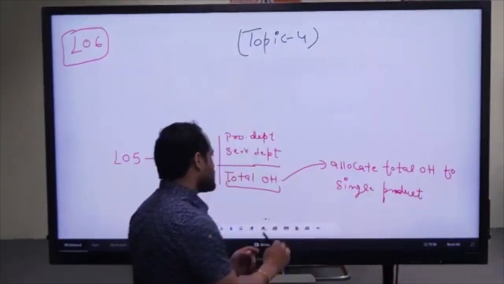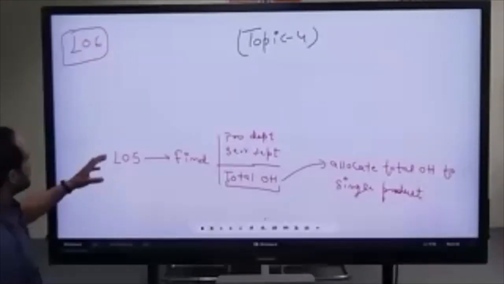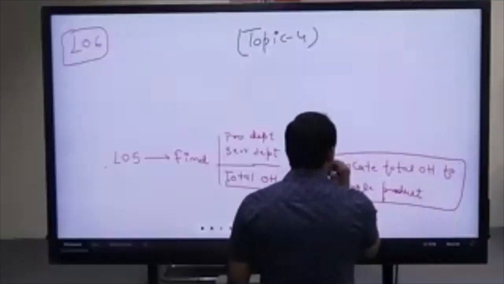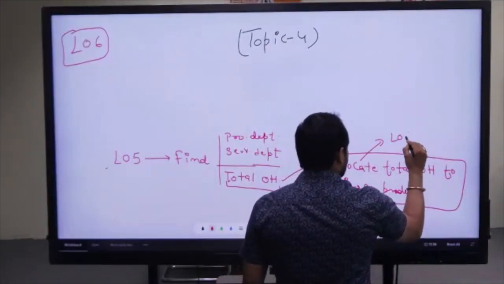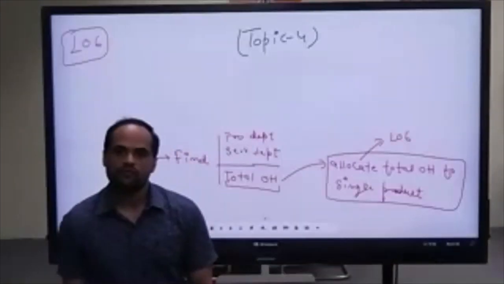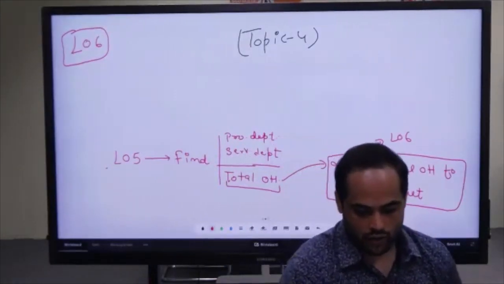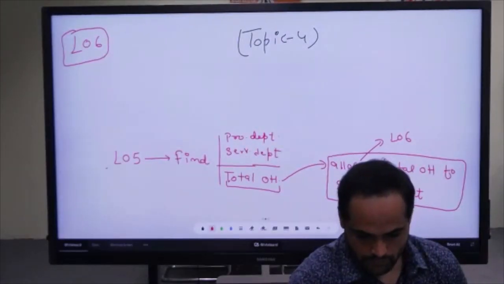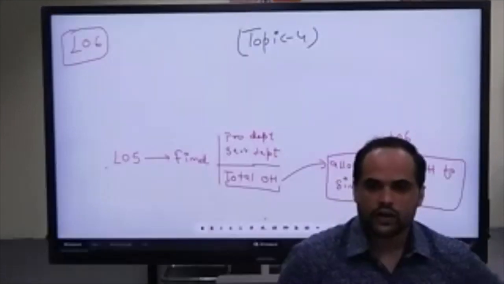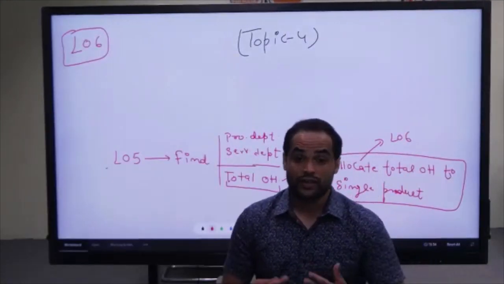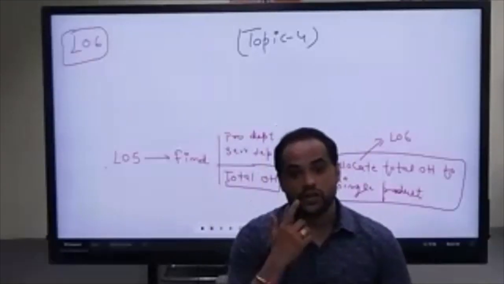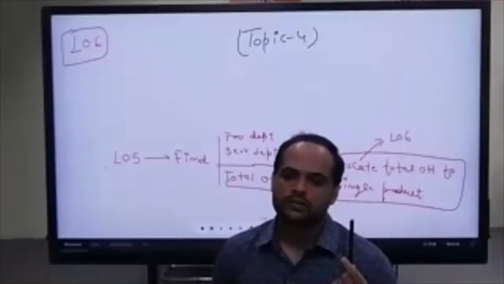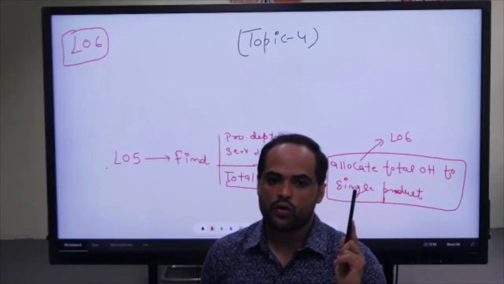That's mainly the difference between learning outcome 5 and learning outcome 6. Allocation of total overhead cost. So for example, I am going to produce a single product. What is going to be the overhead cost for this product?